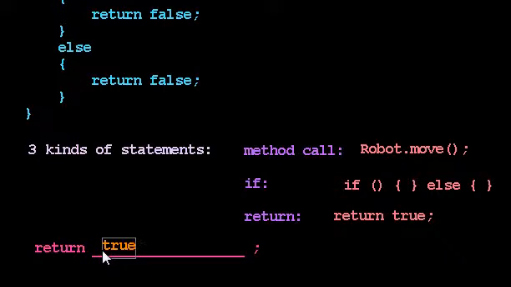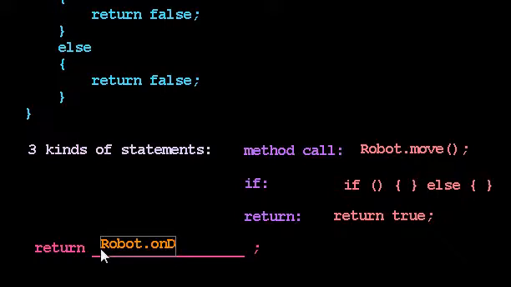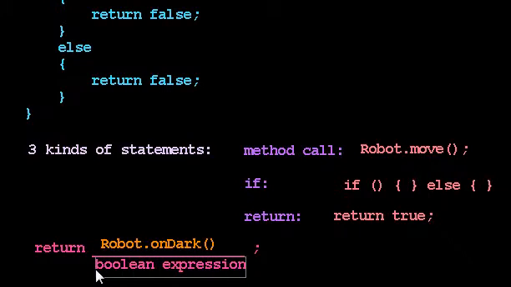And it doesn't just have to be a true or a false, it could be something a lot fancier, like robot.onDark or something like this. So in general, this is a Boolean expression.